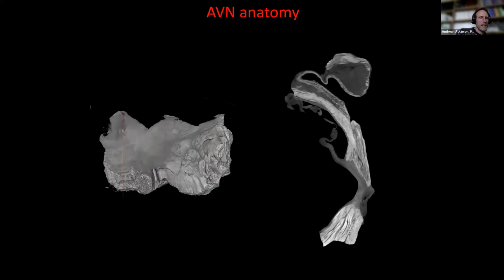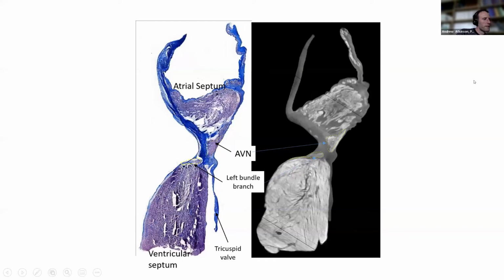What we're seeing on the CT seems to match up with what we'd see histologically, and when we did histology, we can see very clearly that the areas that we'd identify histologically correspond exactly with what we see in the CT. So again, this supports our use of micro CT for studying the cardiac conduction system in this way.